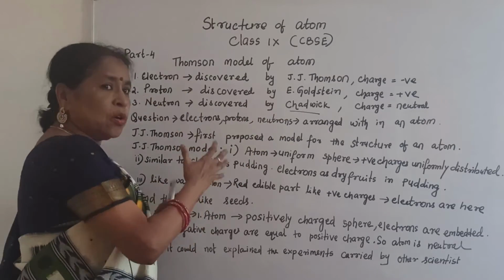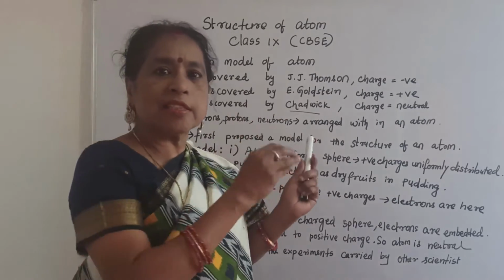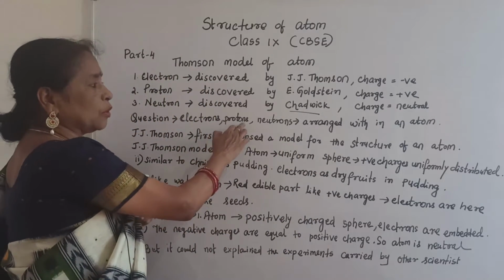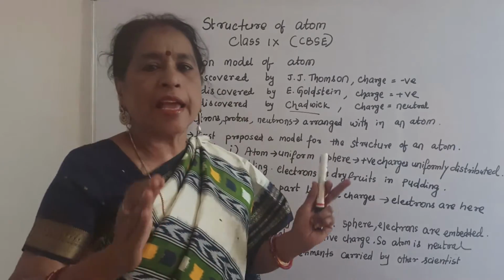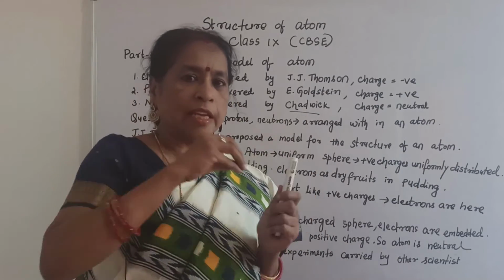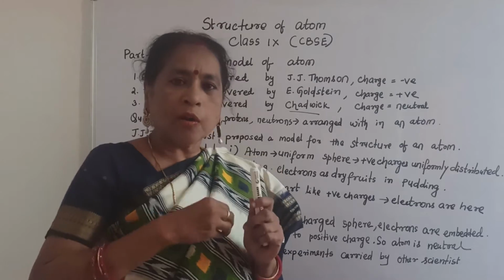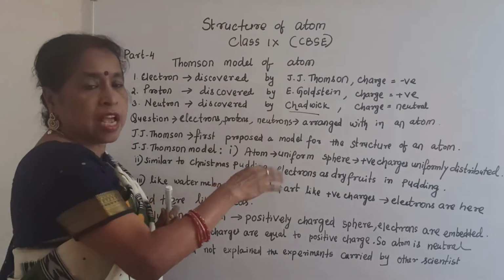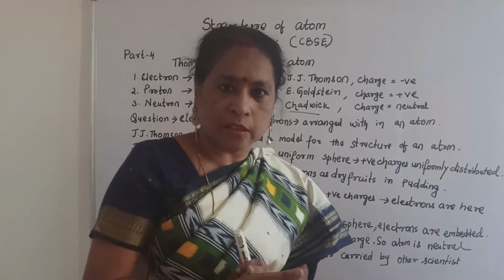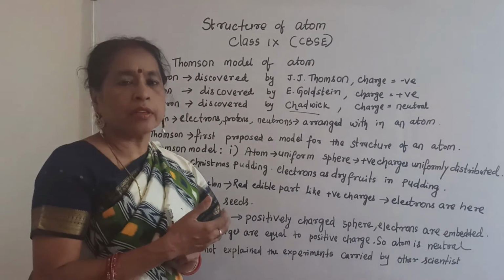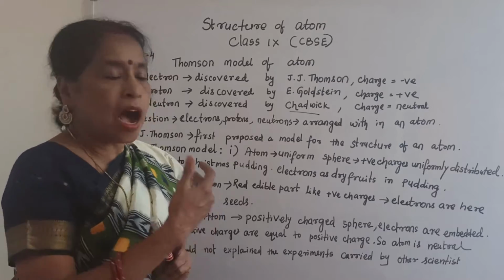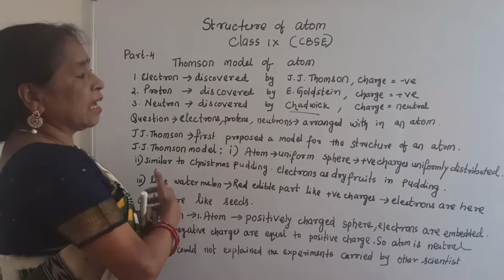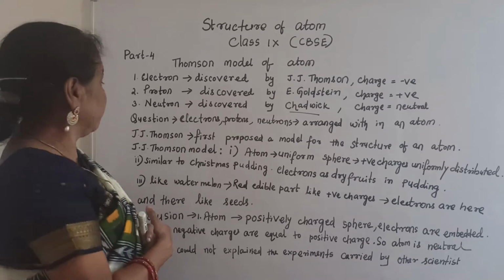Yes, but how can we arrange all these subatomic particles, that is electron, proton and neutron, in an atom? Inside the atom, how can we arrange electrons, protons and neutrons? After the discovery of electron, proton and neutron, the question arises, how are the electrons and protons arranged in an atom.